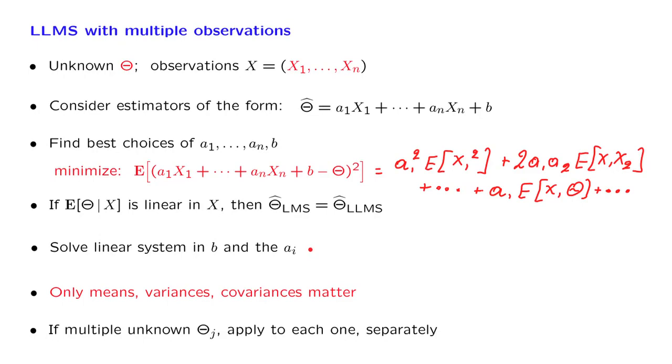When you take the derivative of a function that involves only quadratic and linear terms, you get something that's linear in the coefficients. The conclusion out of all this discussion is that when you actually go and carry out this minimization by setting derivatives to 0, what you will end up doing is solving a system of linear equations in the coefficients that you're trying to determine.